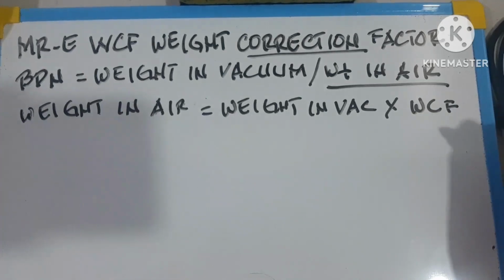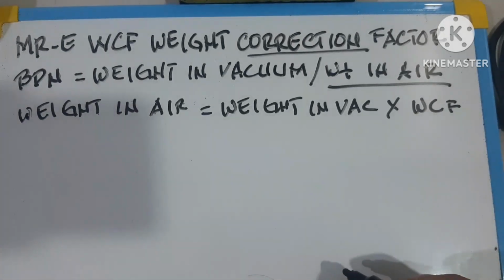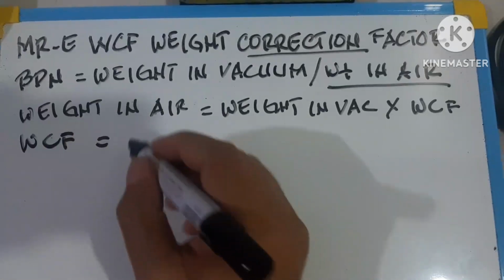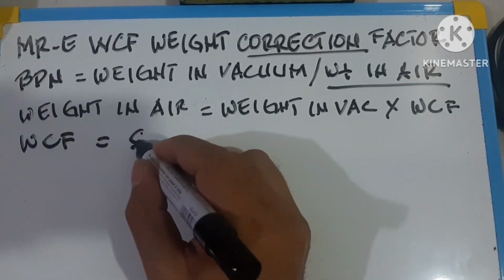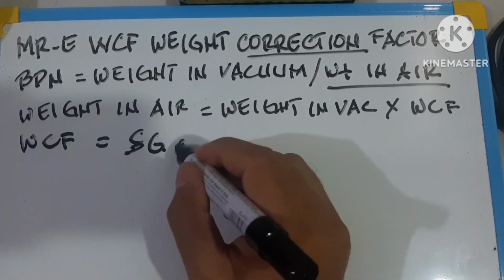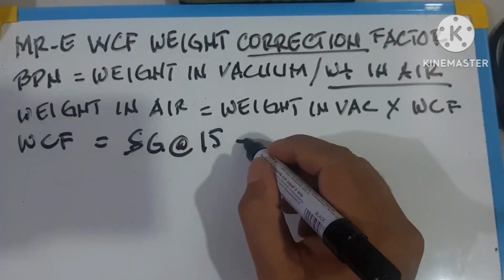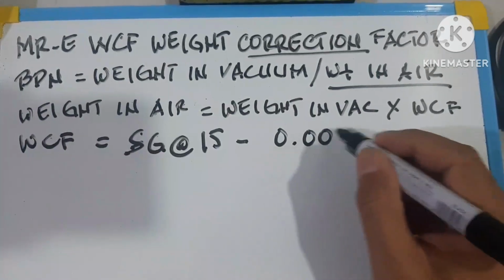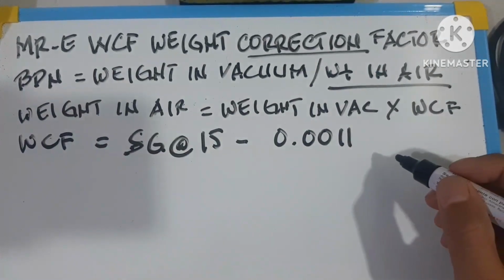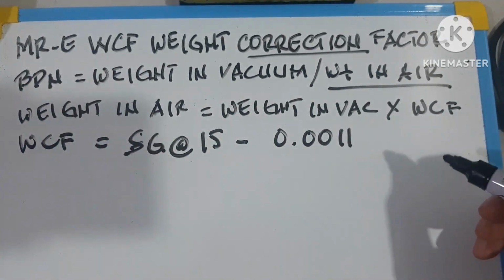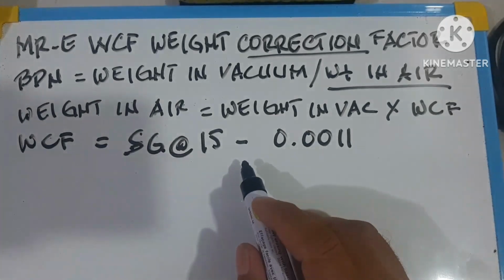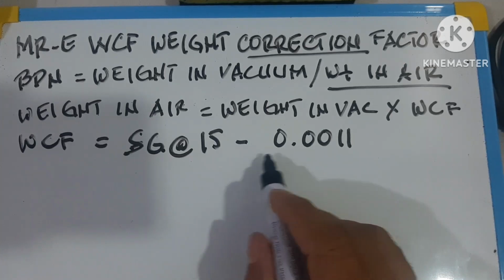But how are we going to get the weight correction factor? The weight correction factor is equivalent to your specific gravity at 15 minus 0.0011, or the approximate specific gravity of the air. So if you will notice, it is removing something.